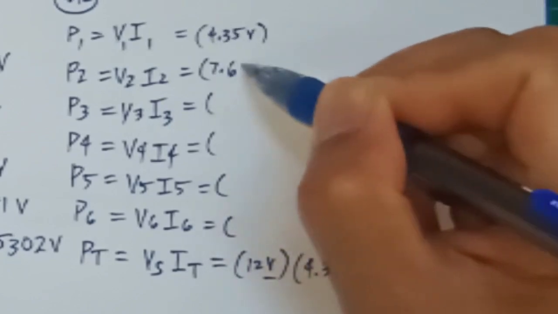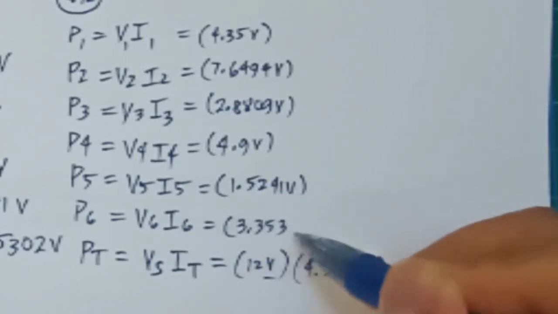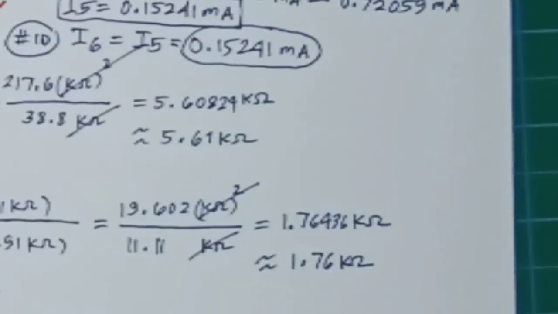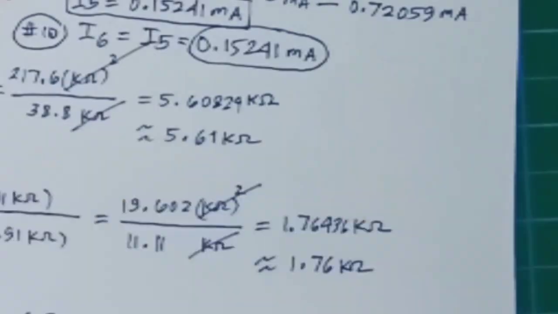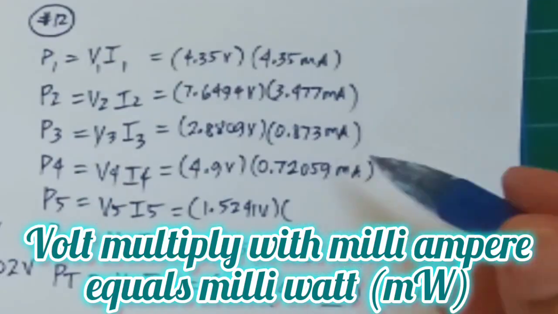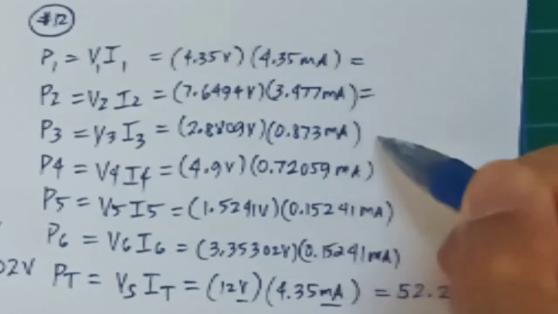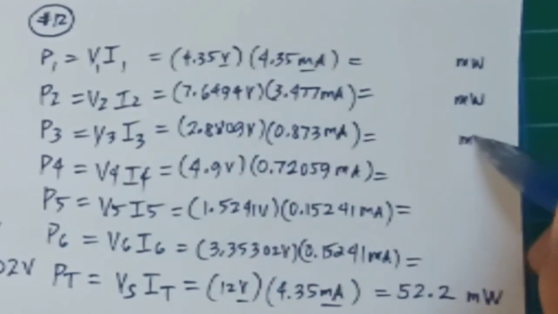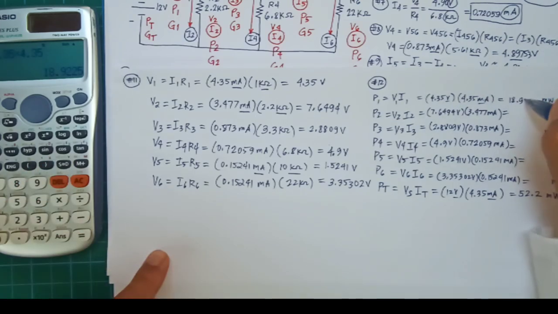We already know all of the voltages, so we can multiply them with the currents of each resistor. The voltage across each resistor multiplied with the current through each resistor gives us all the powers dissipated by all of the resistors.